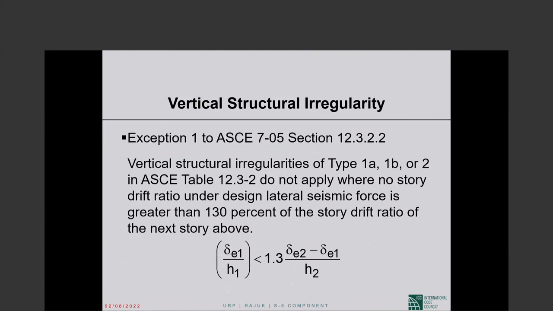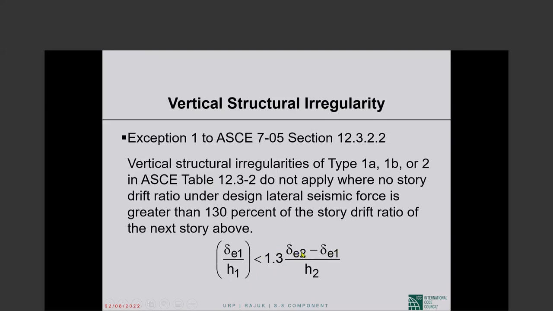Now, the exception that I mentioned: vertical structural 1A, 1B, 2 do not apply when no story drift ratio under design lateral seismic force is greater than 130% of the story drift ratio of the next story above. What it means is that delta sub E1 over H1, where delta sub E is the elastically computed deflection at floor level 1 divided by the height to floor level 1, is less than 130% of the interstory drift of the story above.